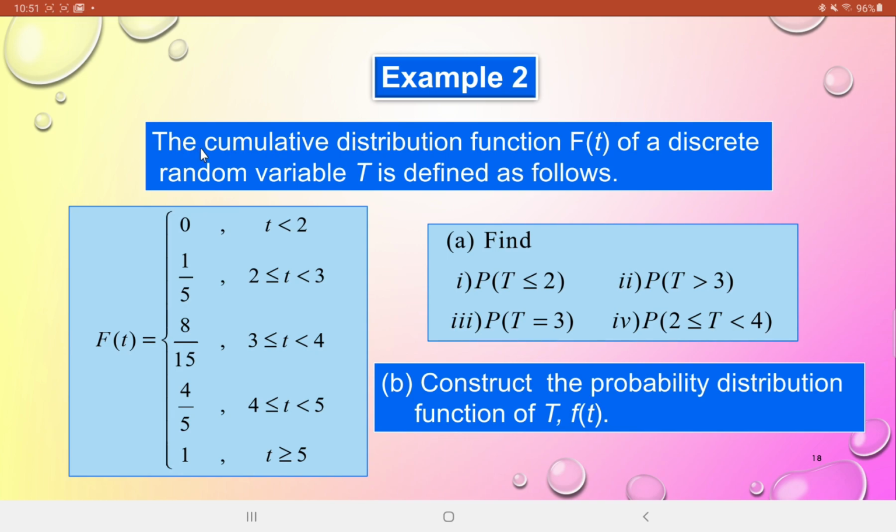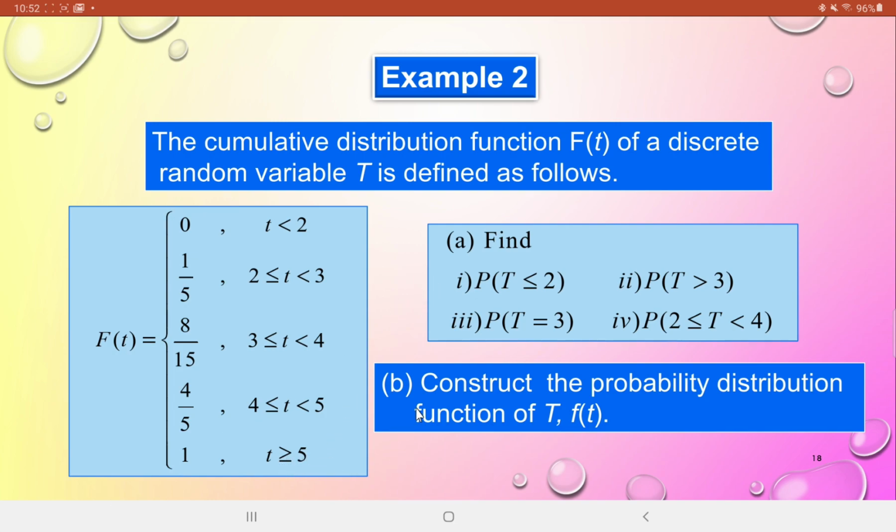Example 2. The cumulative distribution function F(t) of a discrete random variable T is defined as follows. F(t) equal 0 for t less than 2, F(t) equal 1 over 5 for t more than or equal to 2 and less than 3, F(t) equal 8 over 15 for t more than or equal to 3 and less than 4, F(t) equal 4 over 5 for t more than or equal to 4 and less than 5, and F(t) equal 1 for t more than or equal to 5.